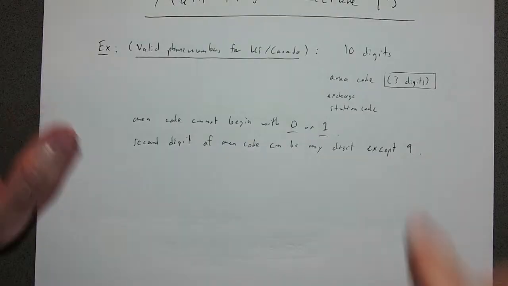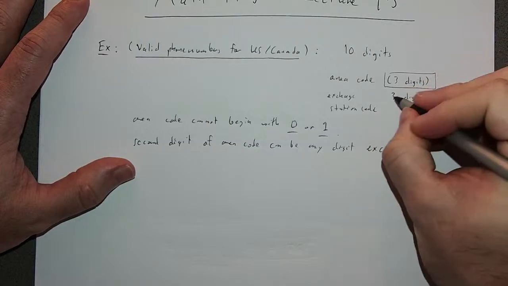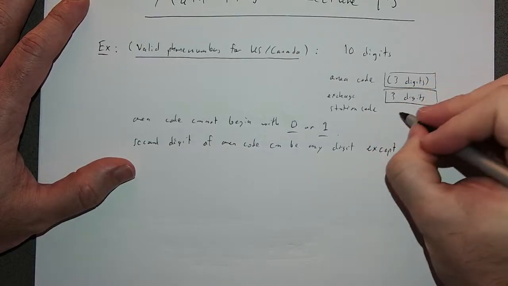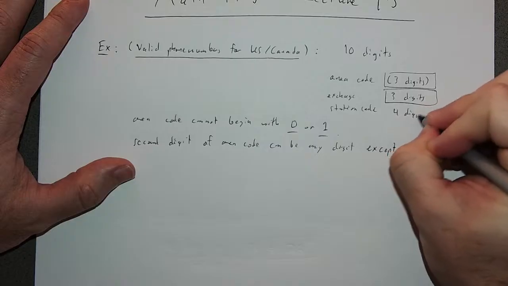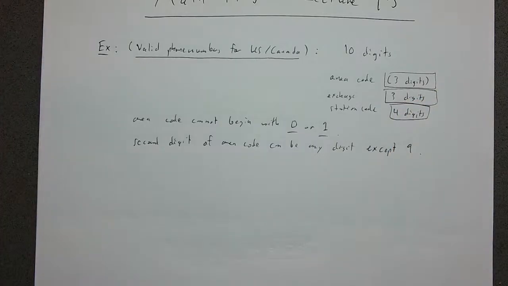The exchange is 3 digits, and the station code is 4 digits, so this is our total of 10 digits. What about the exchange? The exchange also cannot begin with a 0 or 1.